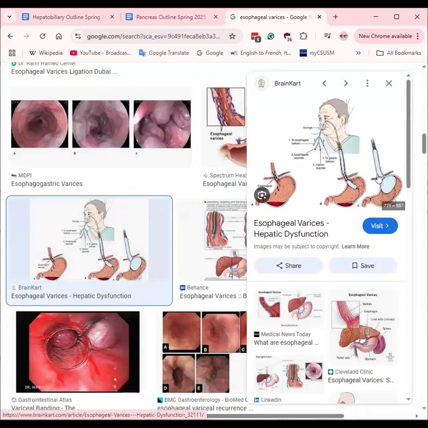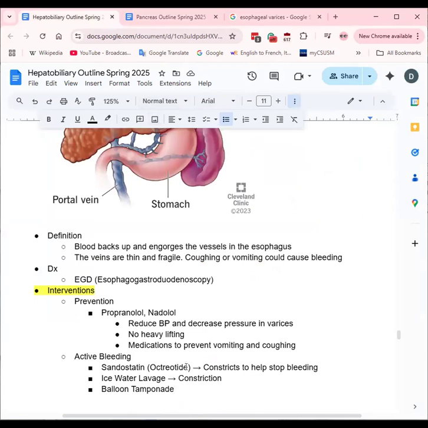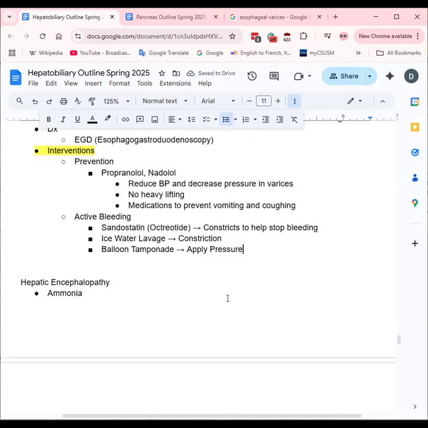The idea is, similar to an open wound or an open bleed, you're providing pressure to stop the bleeding. And that's pretty much it for that.